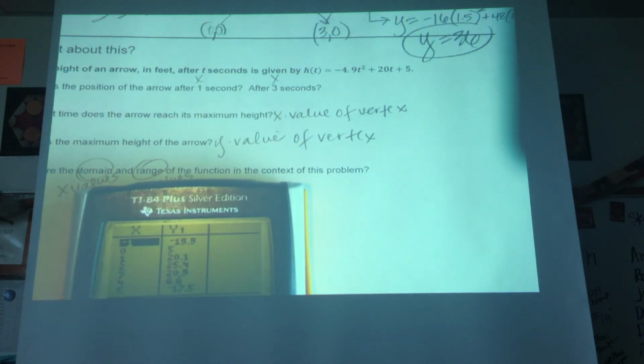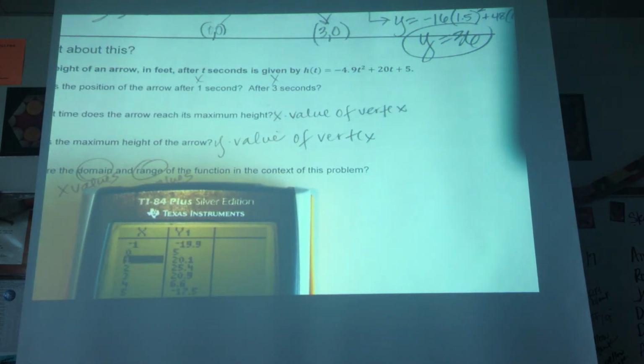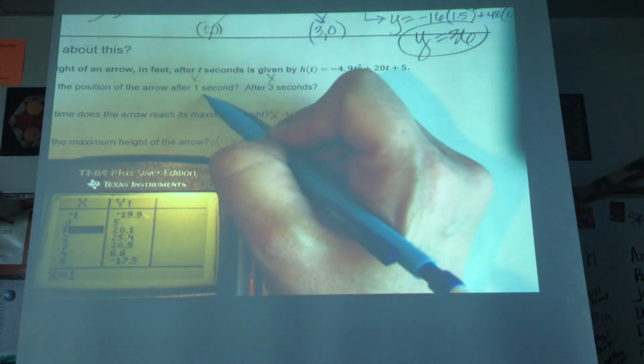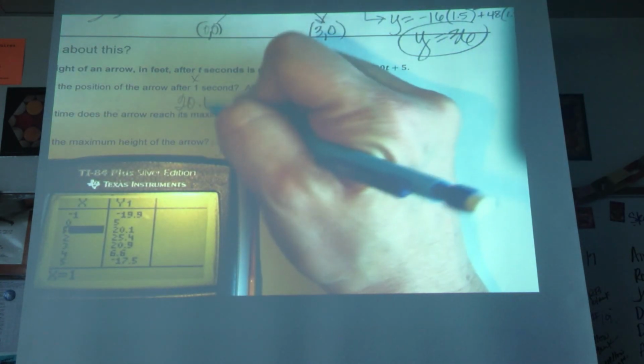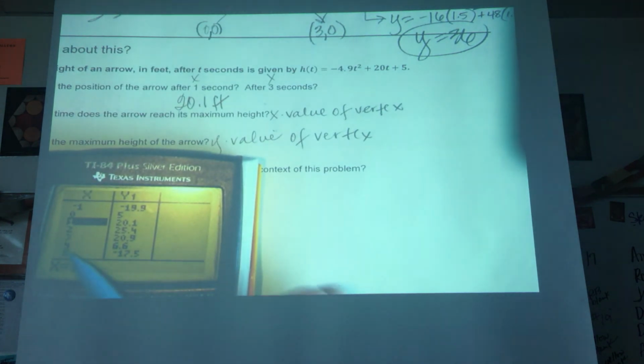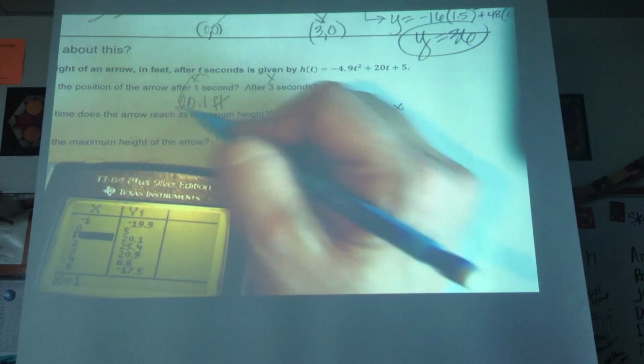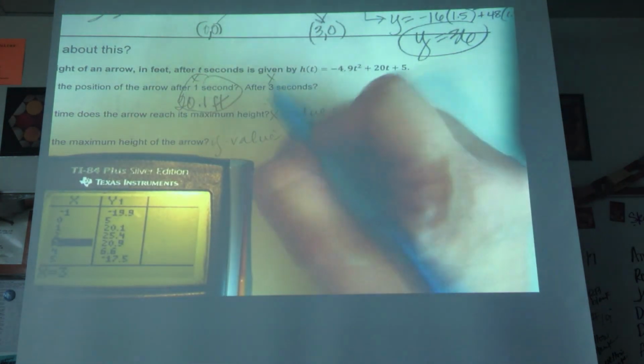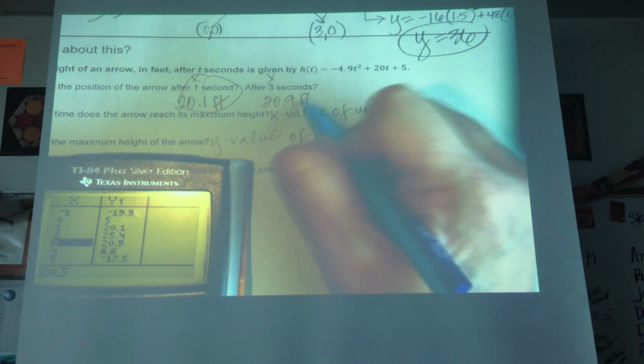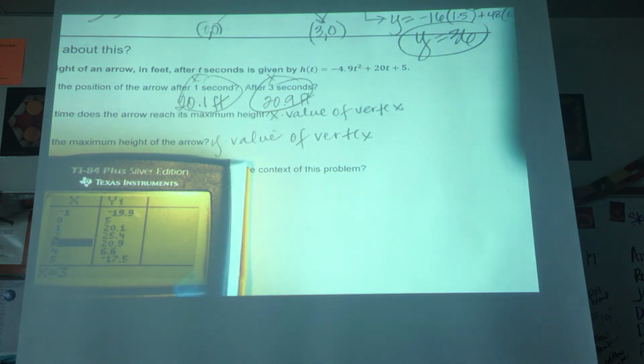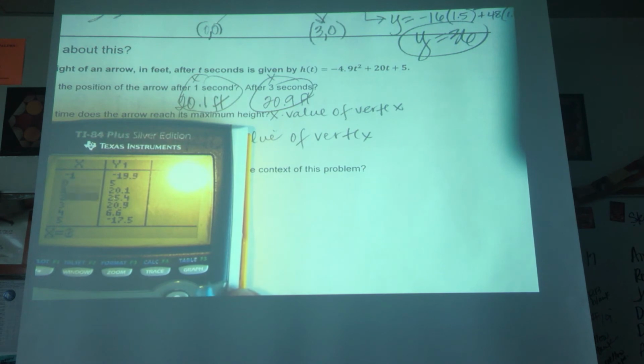So after 1 second, it's at 20.1 feet. I'm seeing that in my table. After 3 seconds, it's at 20.9 feet. And I don't see this nice symmetry in my table to get the x and y value of the vertex.